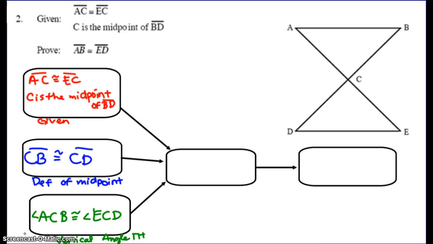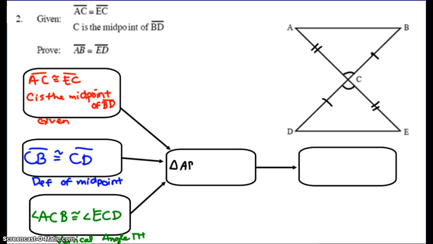Alright, so you can see here that I've written all my given in the first box. In the second box, I have that CB is congruent to CD. The reason that CB is congruent to CD is because C is the midpoint, so we call it the definition of a midpoint. I also have that ACB and ECD are the same by the vertical angle theorem. Okay, so marking everything that you have, you can prove these two triangles congruent by side angle side.